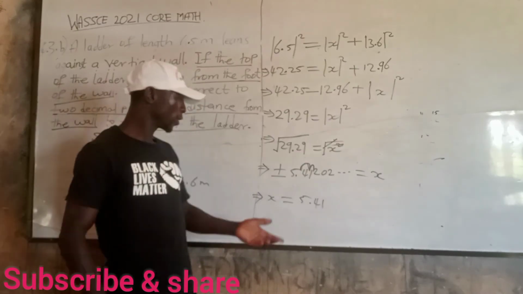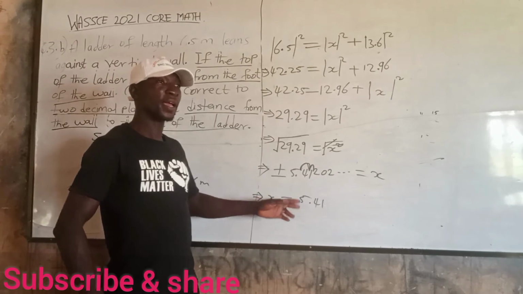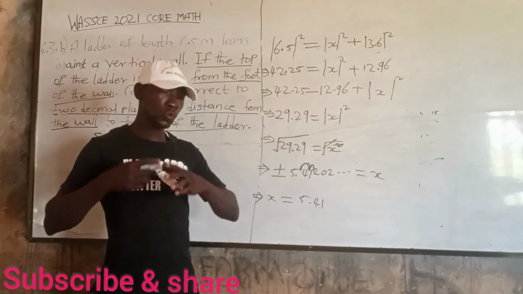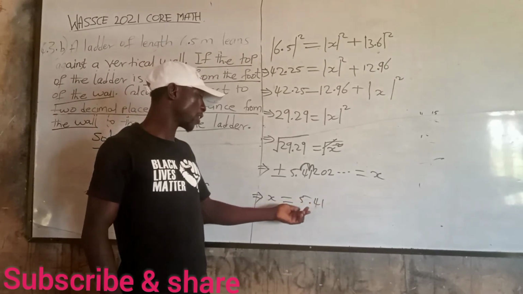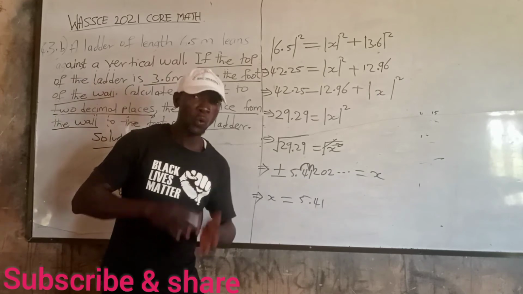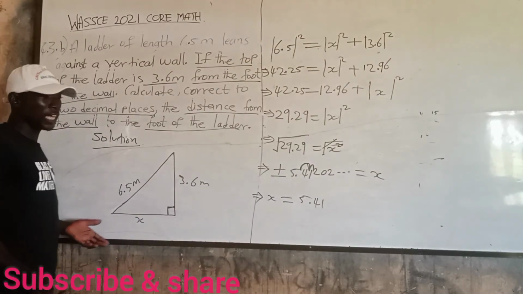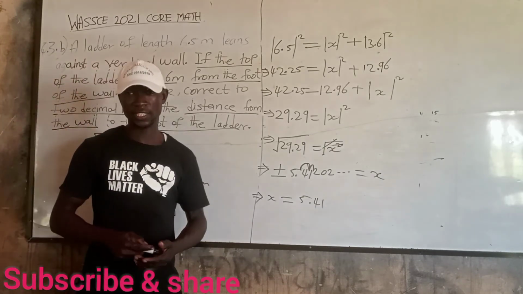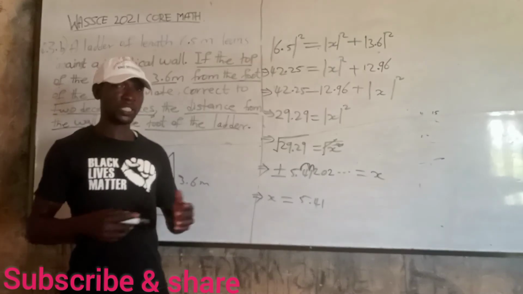Do you wonder why we don't have the plus and minus here, or why we only have positive 5.41 without the negative? The reason is we are talking of distance, and in distance, we cannot have a negative distance.